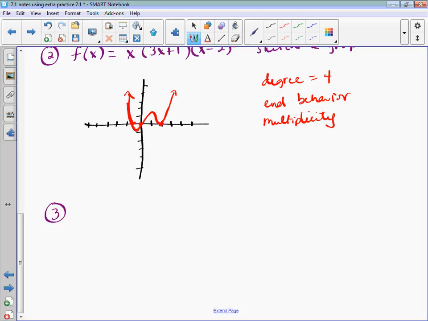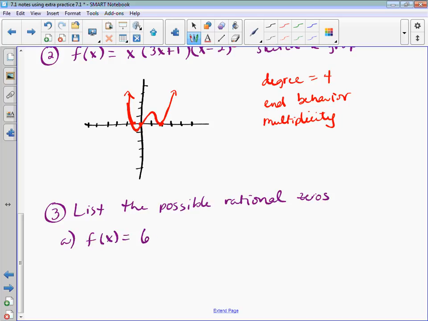So, list the possible rational zeros. F of x equals 6x cubed minus 19x squared plus 16x minus 4.